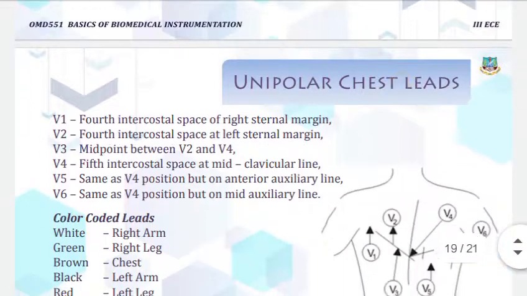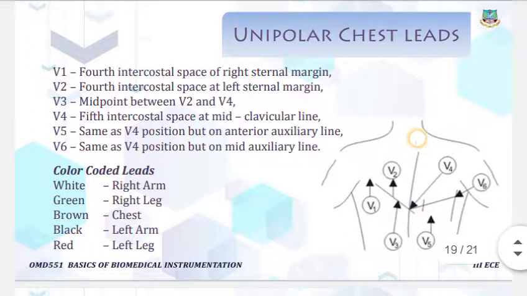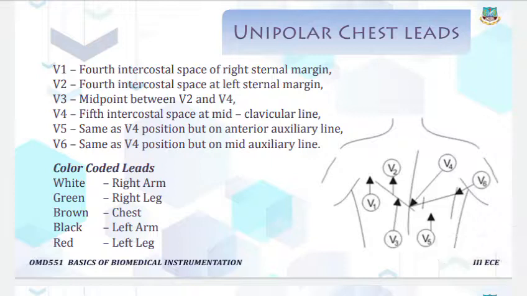Okay, here the figure shows this. V1, V2, V3, V4, V5 and V6. These are the chest leads. Here, by connecting 3 equal large resistances to the left arm, right arm and left leg, a reference electrode or central terminal is obtained.